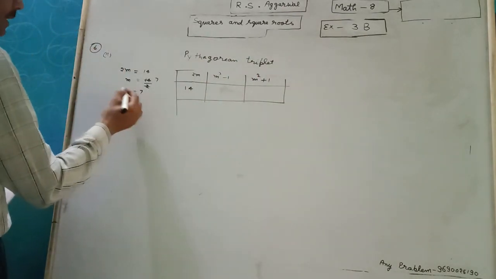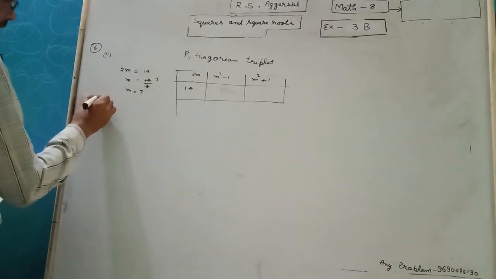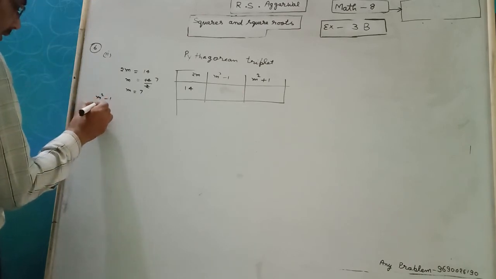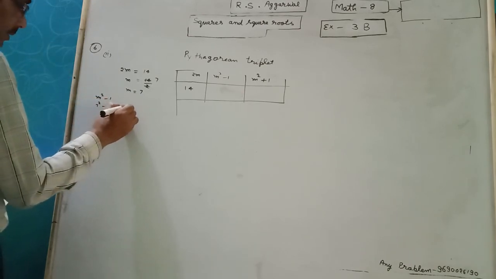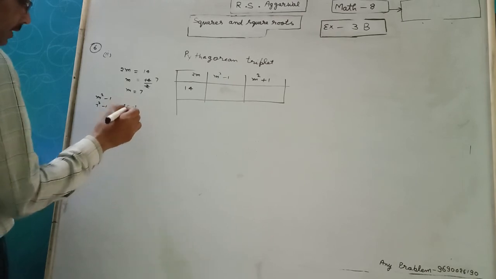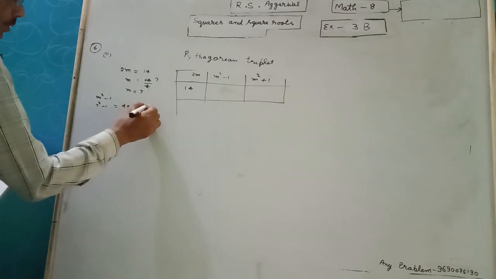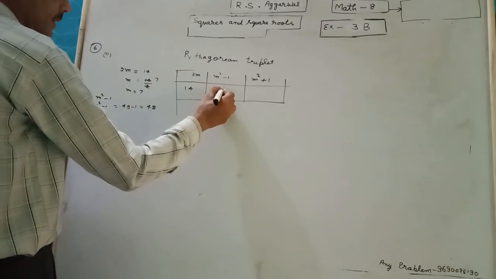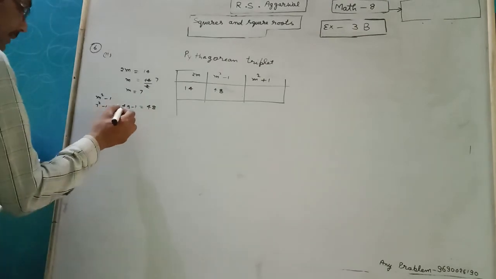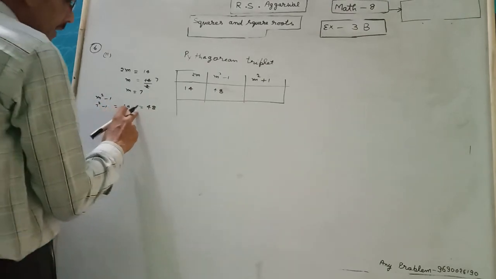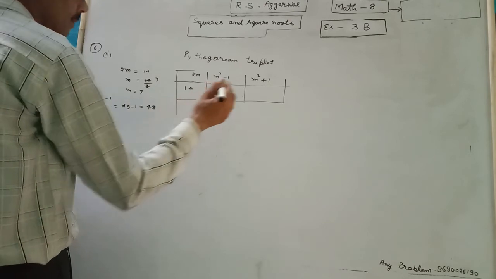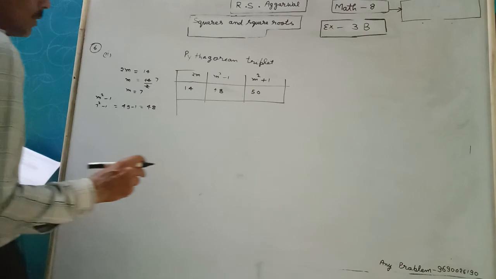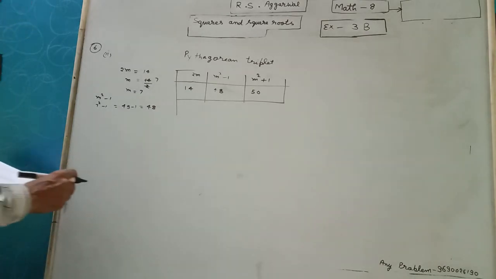M value is 7. Second column is m square minus 1. 7 square minus 1, 49 minus 1 is equal to 48. 48 will be second. Third column 49 plus 1 is 50. 14 and 48 and 50 will be third.